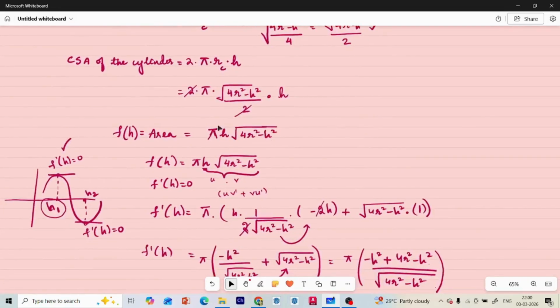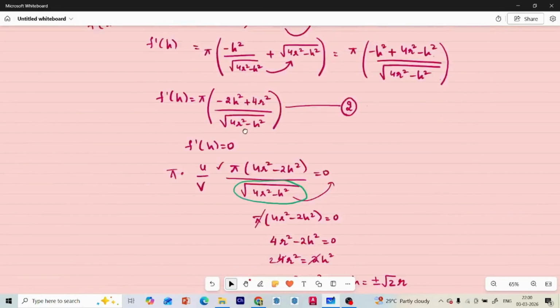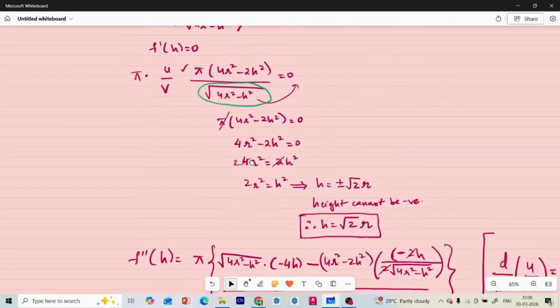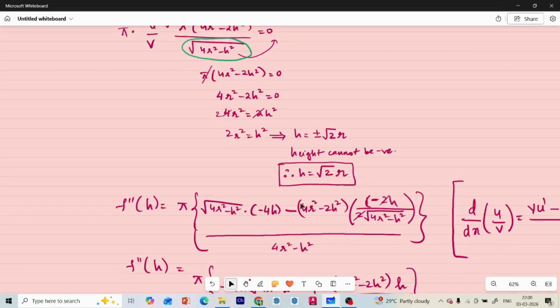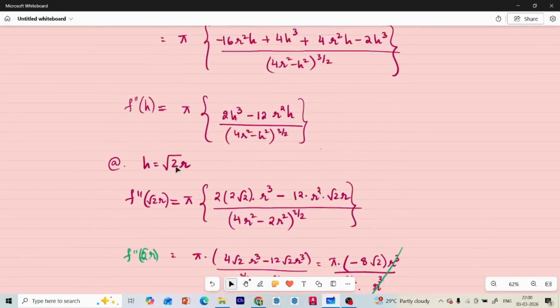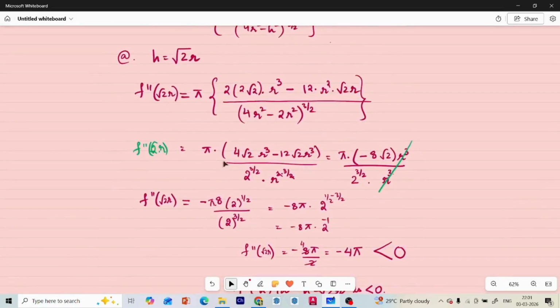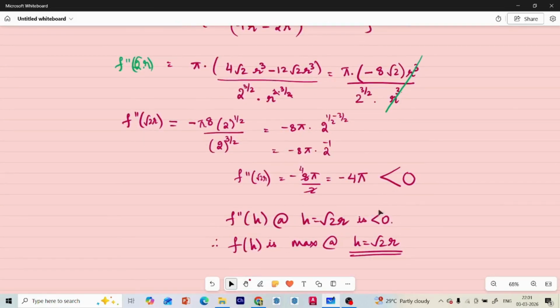We have written the area function, set f dash h to 0, and got a value of h, h is equal to root 2r. Now, is this value maximum or minimum? How do you find out? For that you find f double dash h, and substitute root 2r in it, and once you have done that you will get the value negative.